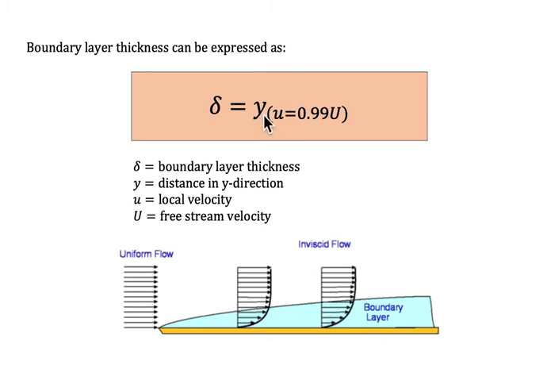So its thickness means we are measuring from point A to point B. The starting point here is 0 and the ending point is the location where the local velocity, small u here, is equal to 99% of the free stream velocity. The capital U here is the free stream velocity, or the velocity at this area.